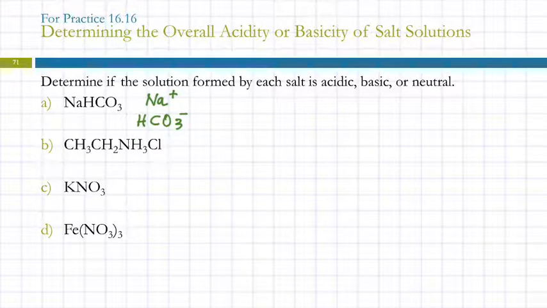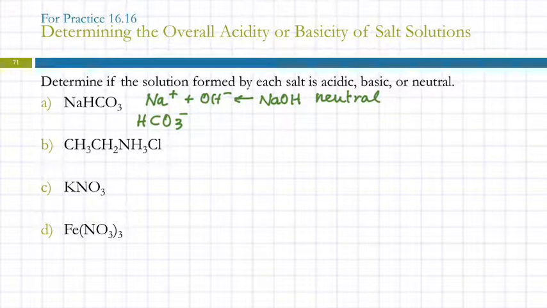So is sodium the companion to a strong base, a counter ion for a strong base? It is. Sodium plus hydroxide gives sodium hydroxide, but it's not going to form that. The sodium hydroxide ionizes or dissociates to form sodium and hydroxide ions. So is that going to contribute to the change in pH? No. So that's going to be neutral.